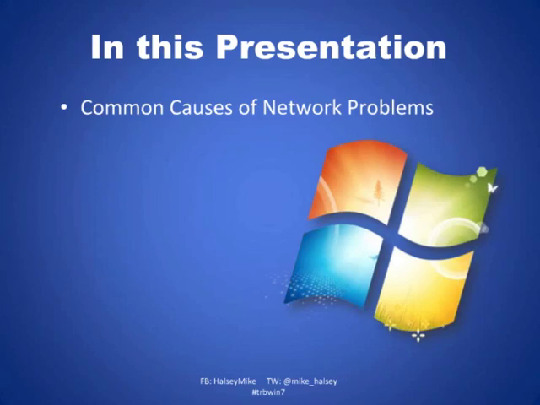Then we'll look at some of the easy, quick and simple ways of being able to fix network problems in Windows 7. Then, for when those don't work, there are some in-depth fixes that are very useful.